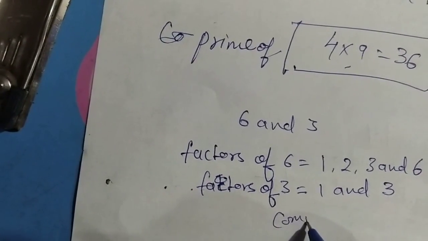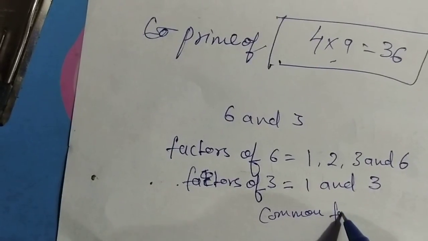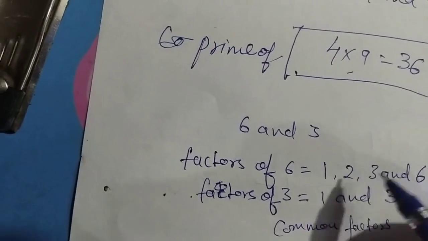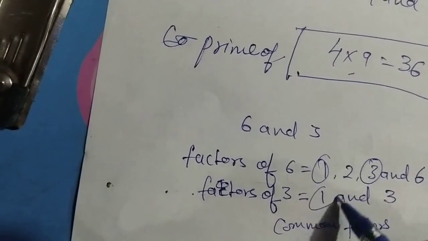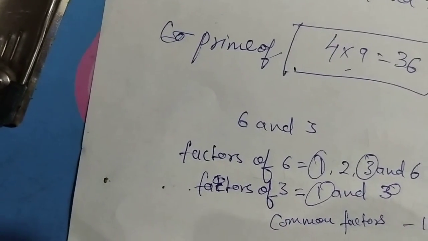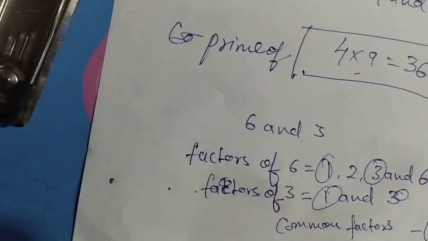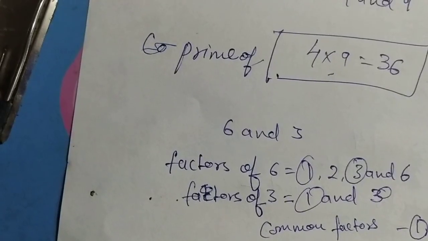Common factors are 1 and 3. So we are getting two common factors here. So these two are not co-primes of 18.